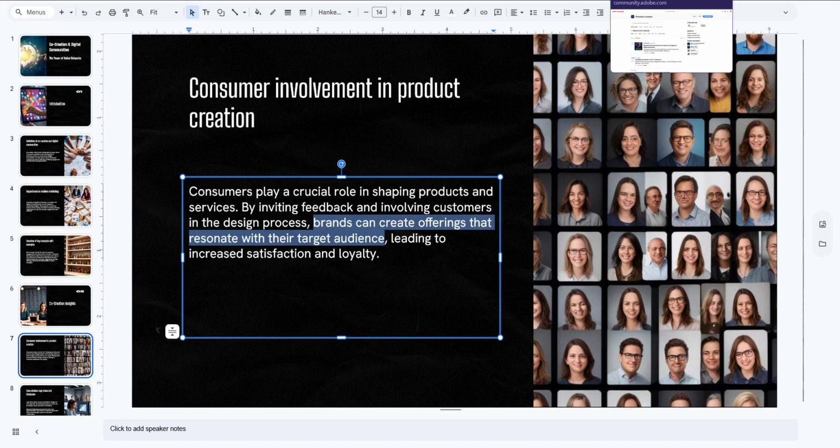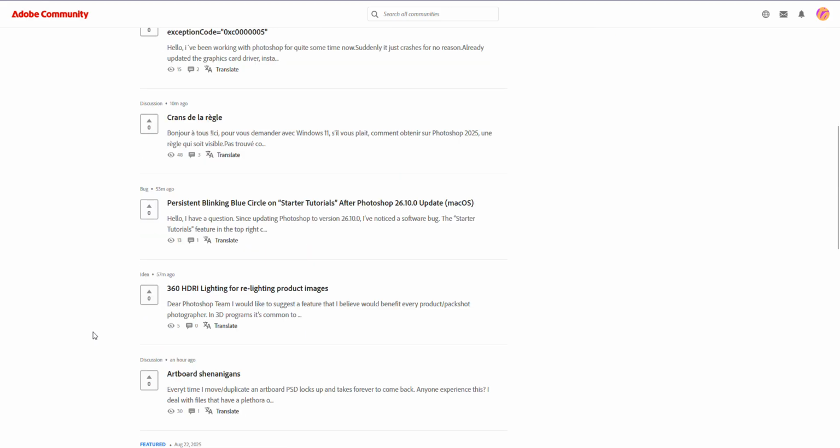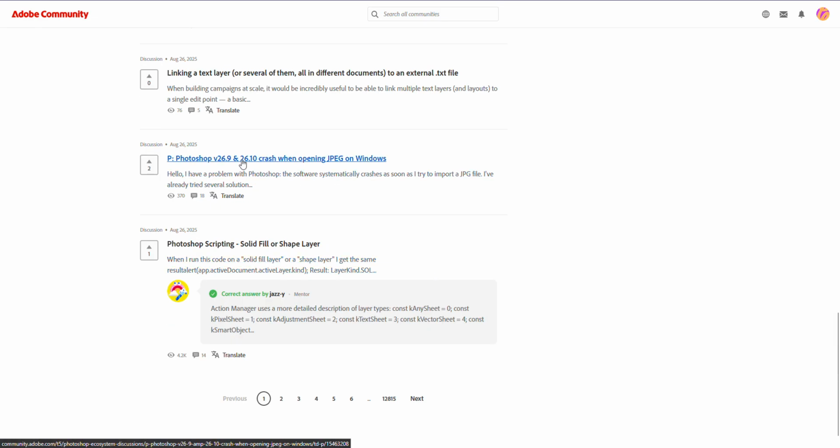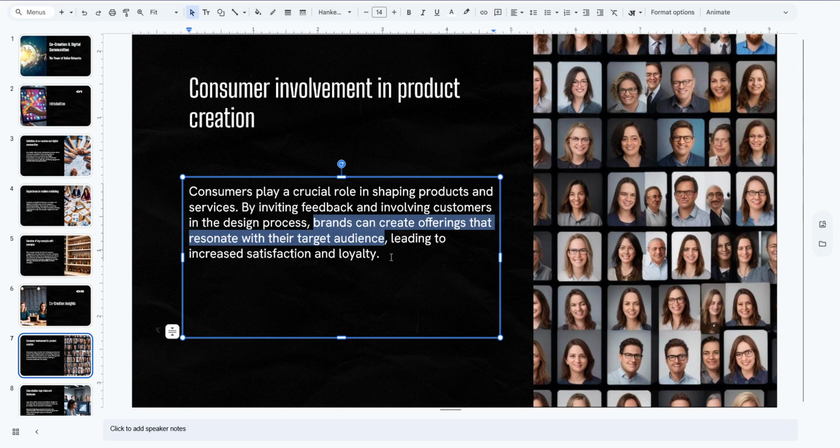So each and every update that we get involves the problems that people say, like 26.9, 26.10 crash when opening JPG. They will look into the problem, what happened. So the software department will come and tackle it, and when they create the next version, 26.11 maybe, that version will have the bug fix.